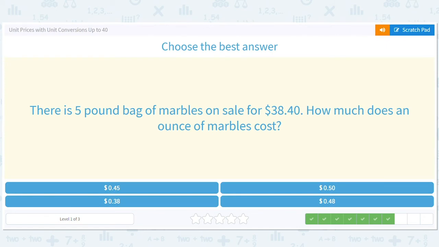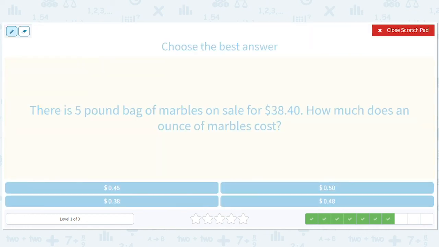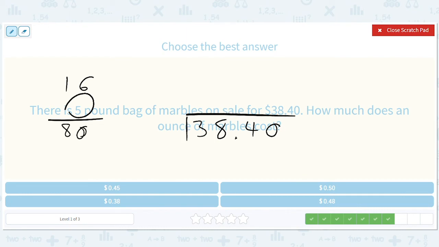There's a 5-pound bag of marbles on sale for $38.40. How much does an ounce of marbles cost? Okay, so $38.40. Well, I'm going to do this. 5 times 16 is not so bad. It's just 80. So it's 80 ounces in 5 pounds. I'll just directly divide by 80 right here.